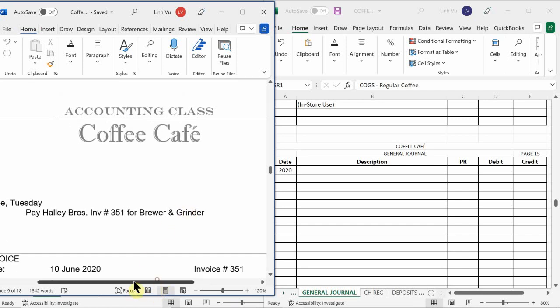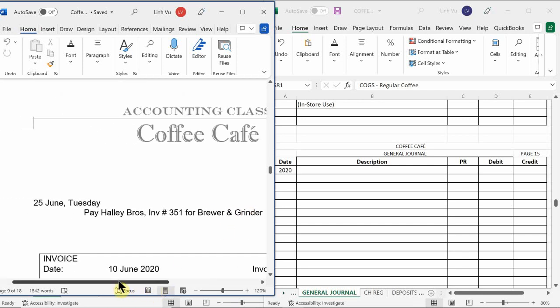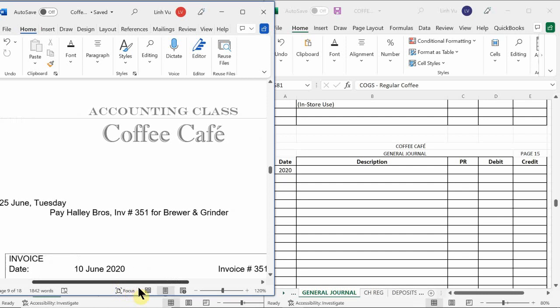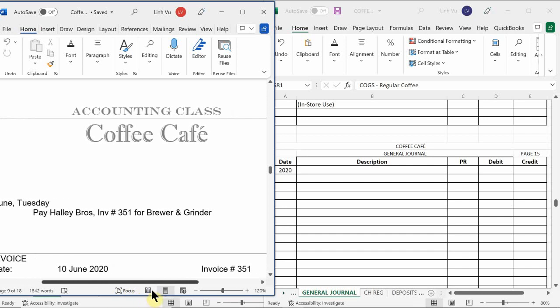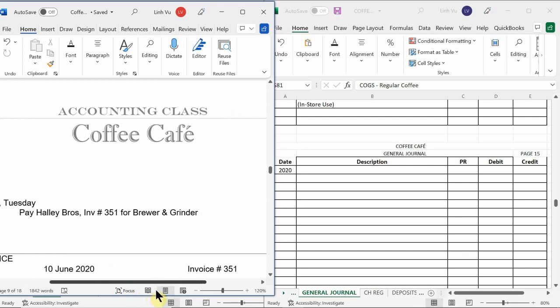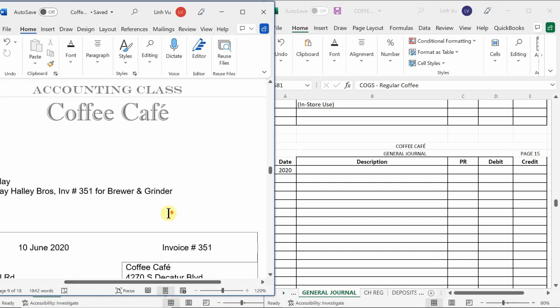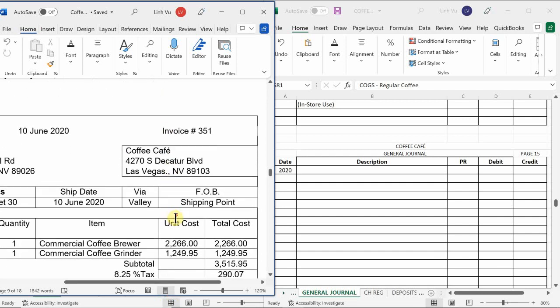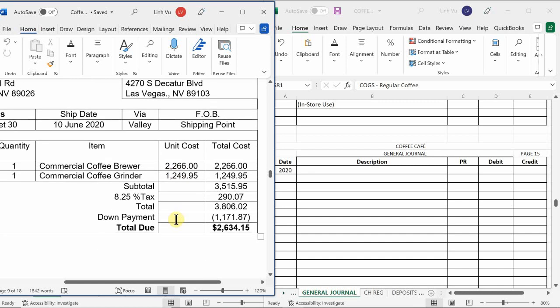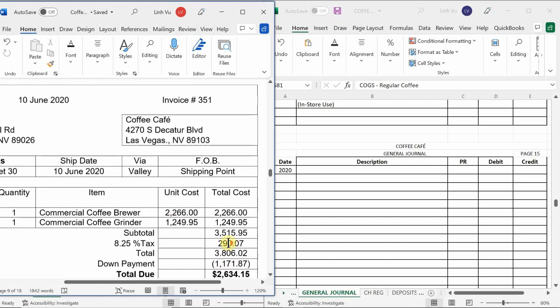So we are on Tuesday, June 25th, and we're going to pay Hallie Bros invoice number 351 for the brewer and grinder. Okay, so here's the invoice just in case you forgot what it looks like.